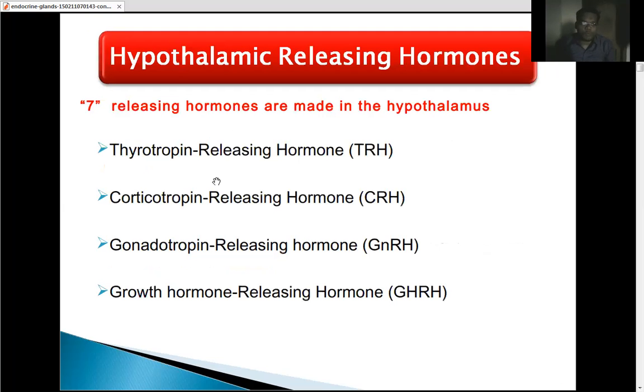Hypothalamic releasing hormones: the hormones released from the hypothalamus. Number one is TRH, thyrotropin releasing hormone. Then CRH, corticotropin releasing hormone. Then GnRH, gonadotropin releasing hormone. Then GHRH, growth hormone releasing hormone.